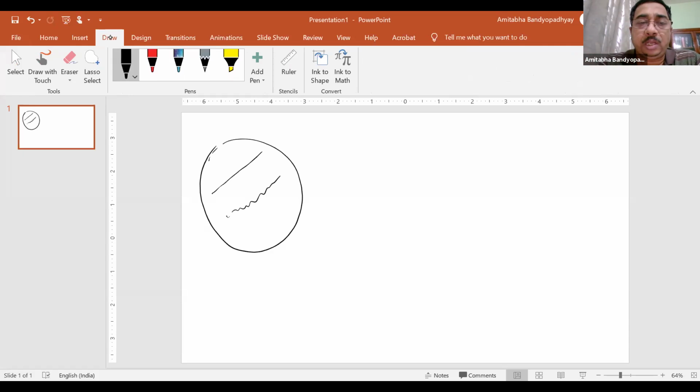Now say the original mutation was here in gene A. So it is called mutant A. Now when you do a suppressor screen, you are again subjecting it to chemical mutagenesis.